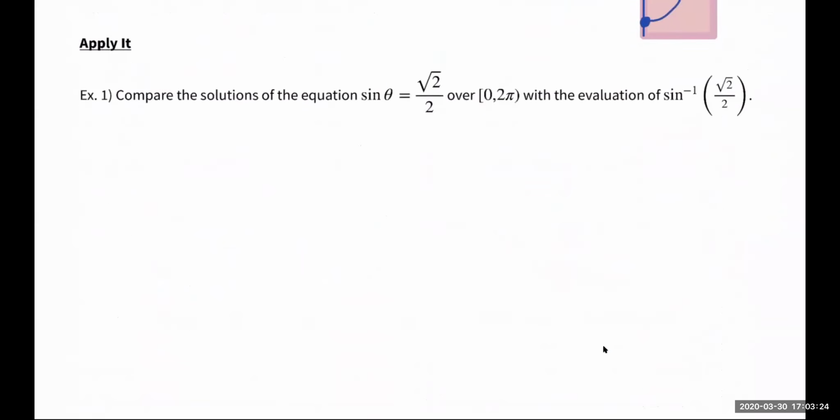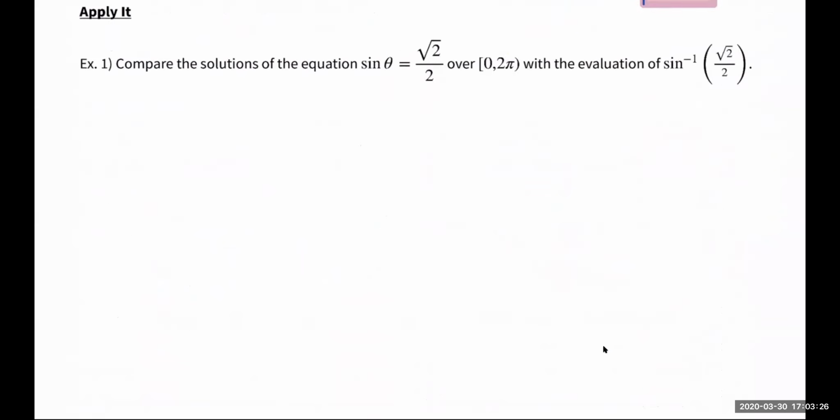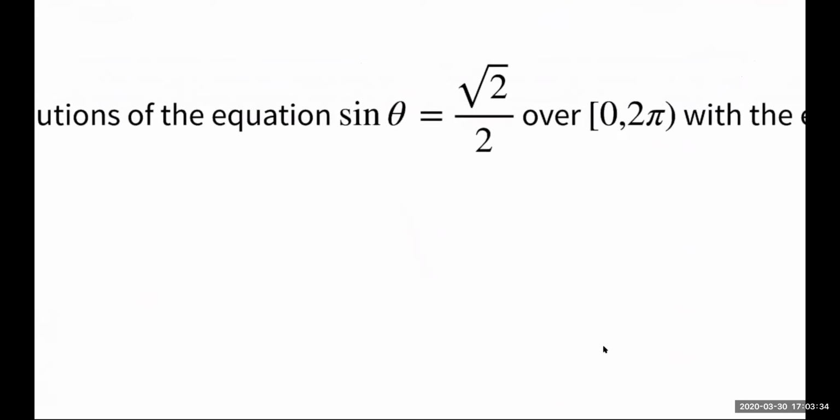Right, so let's try that out in a few problems. Compare the solutions of the equation sine of theta is equal to √2 over 2 over the interval 0 to 2 pi. We can do that. We can draw our axes, same as we did back in unit 8. So we're going to pop up a unit circle, and sine of theta is equal to √2 over 2.